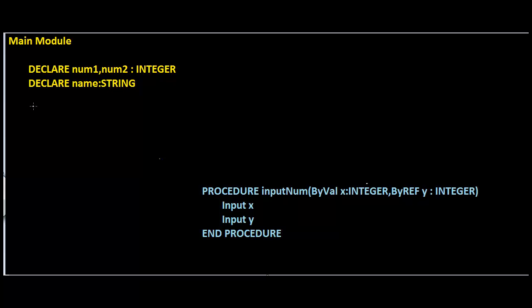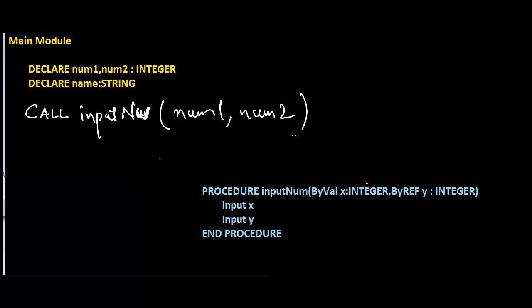So how about this call? Call input num, and instead of writing the spellings properly, let's just make a mistake. Let's just write input nu and then pass num1 comma num2 as two parameters. Will this be accepted by the compiler?